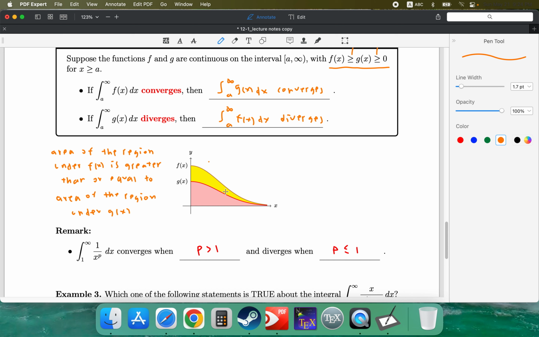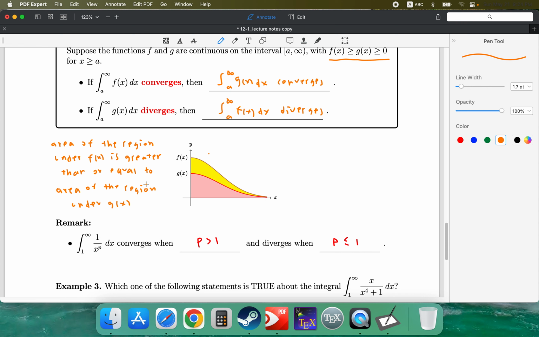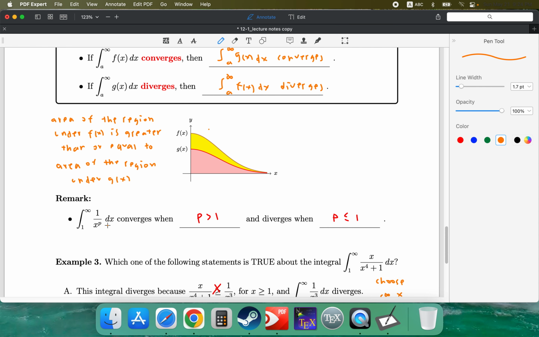If the larger area is convergent, then the smaller area will also be convergent. If the smaller area is divergent, then the larger area must be divergent. That's it. We will use this a lot in chapter 10, so make sure you understand it.